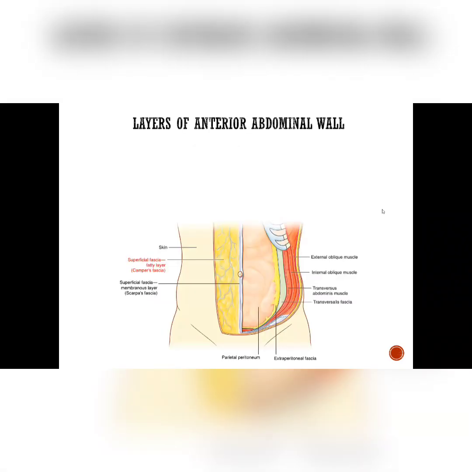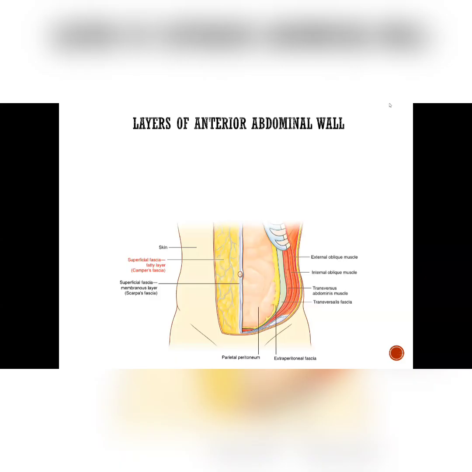Now, this is also a must-know topic for each student. We'll look at the layers from superficial to deep. As with any region in anatomy, can you tell me what the superficial layers of the anterior abdominal wall are? It's already labeled and you already know it. Yes, somebody.